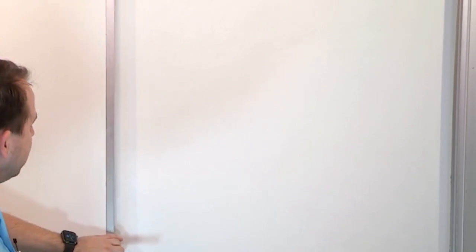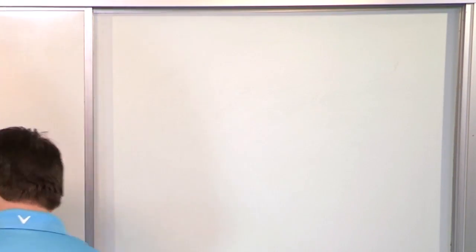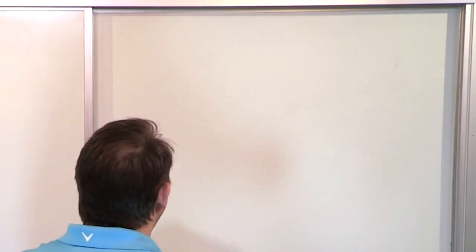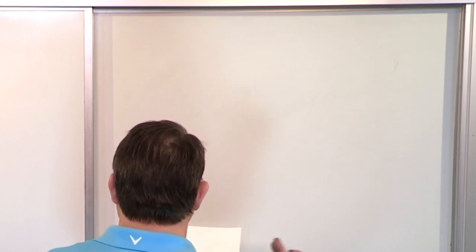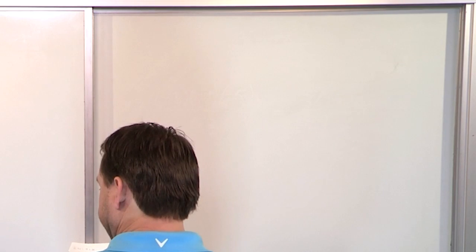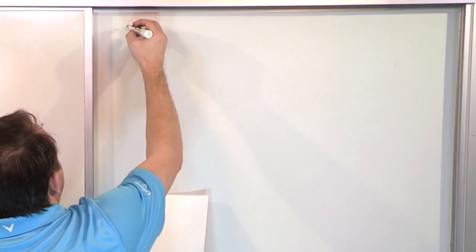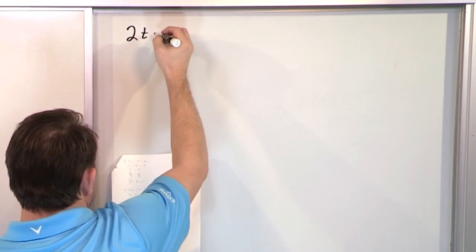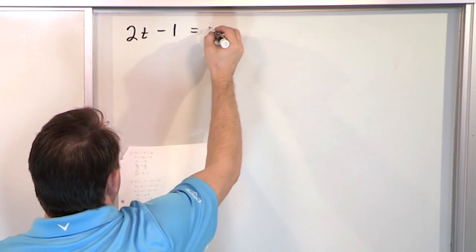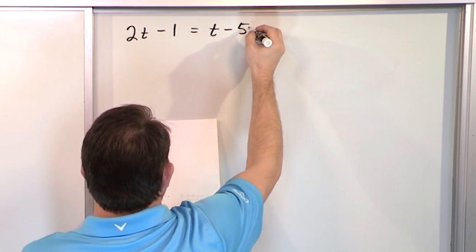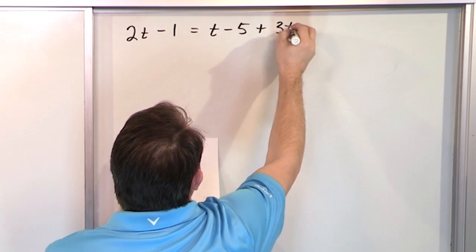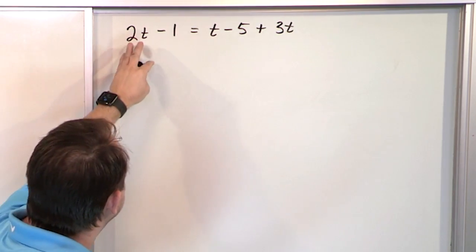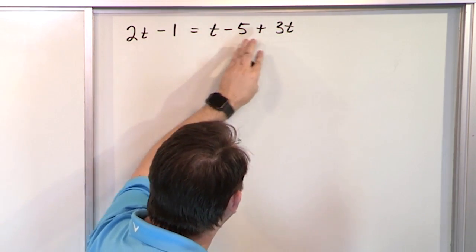All right. Couple of quick other ones, and they're not really hard. They're just a little bit more steps involved here. So what if we had 2 times t minus 1 equals t minus 5 plus 3 times t. So again, now we have some t's here, we have some t's here, and we have some t's here.